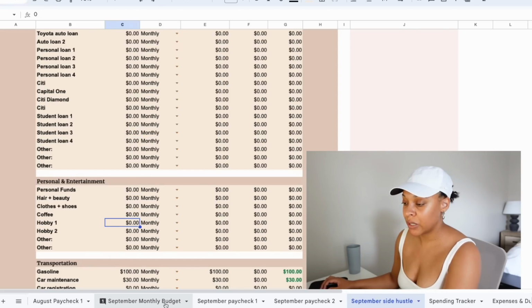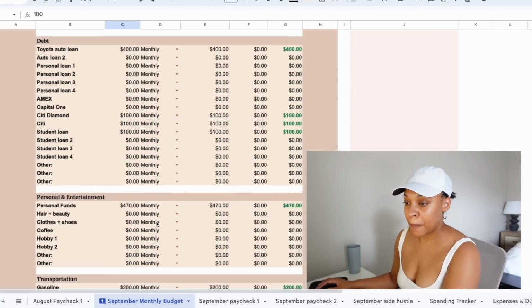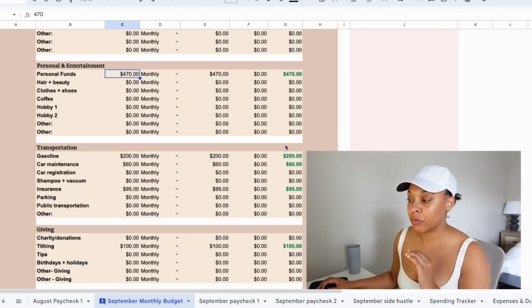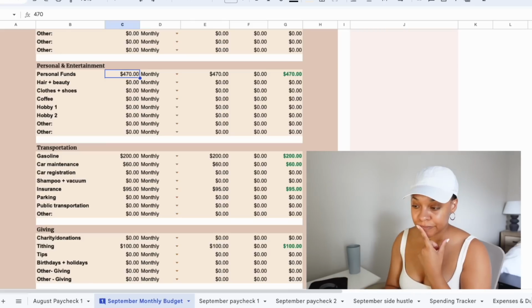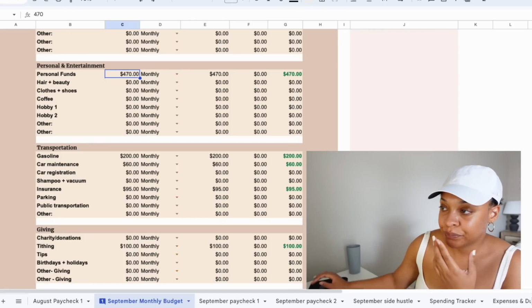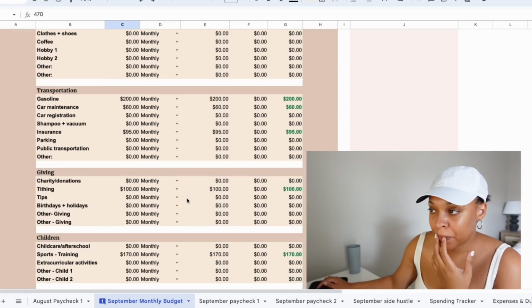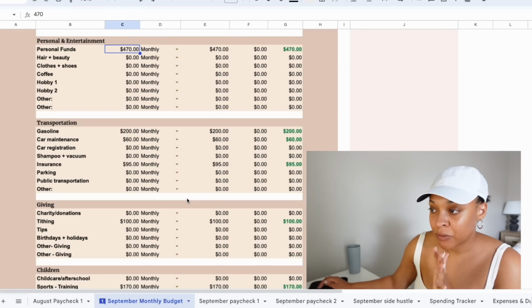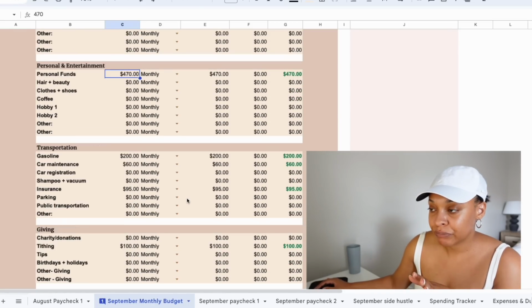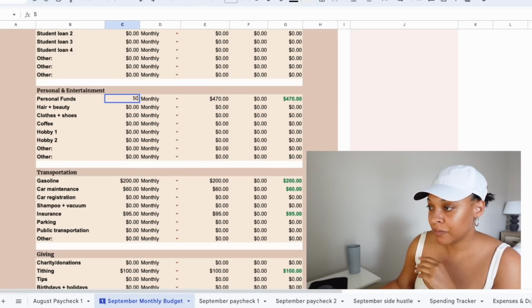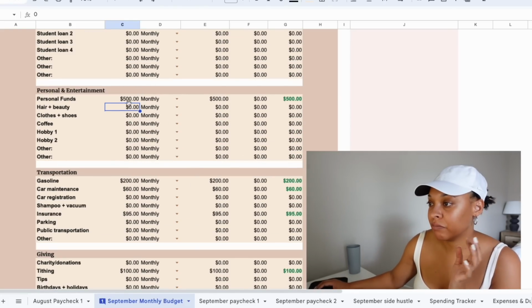Now, personal funds. I want to have $470 for personal funds, which that's probably not going to work. You know what? Let's push it up to 550.